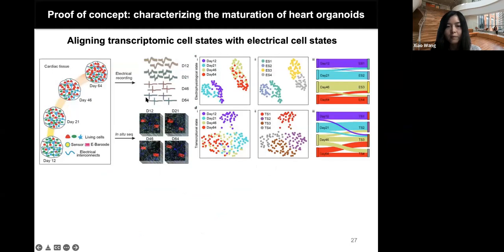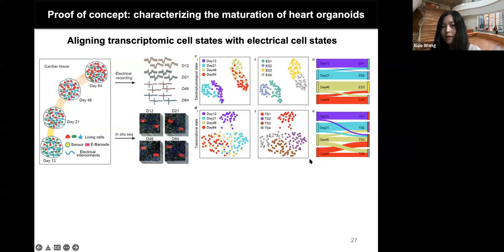What we found is, if we just look at the maturation of the electrophysiological signal, which is characterized by the shape of those spikes, these can only be measured accurately through electrical recording, not calcium imaging. So this allows us to do a very accurate characterization of the electrophysiology of heart cells. And simultaneously, we can do in situ sequencing mapping in 3D heart organoids at scale, so that we can have a very comprehensive gene expression profile.